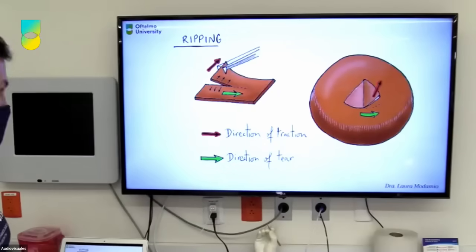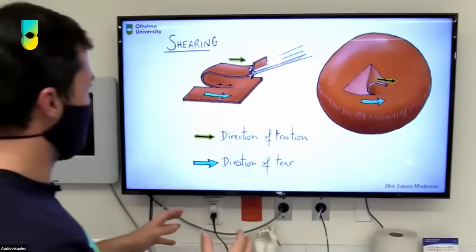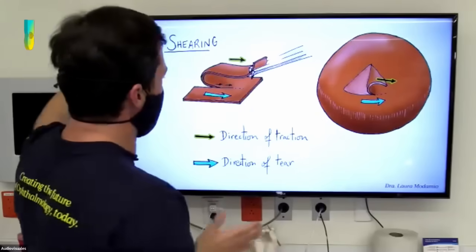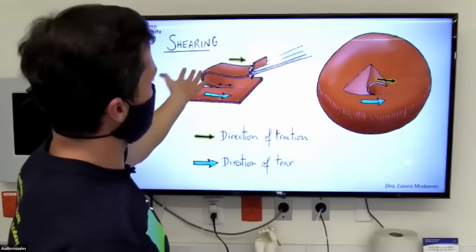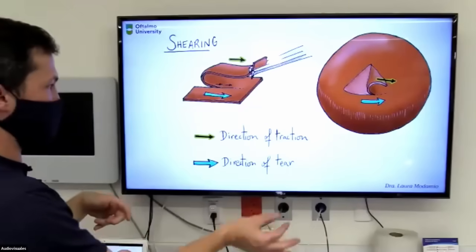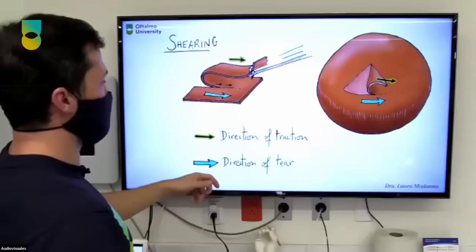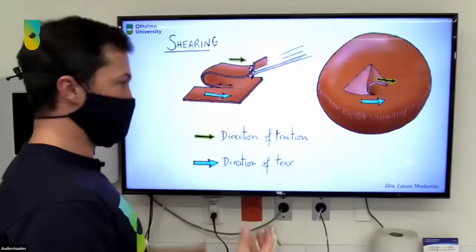But what I want to tell you, and it's very important, about shearing, is that the vectors go in the same direction and you control the cut more. What you do is you just make a flap from the capsulorhexis and you just take it in the direction where the traction and the tear are the same.